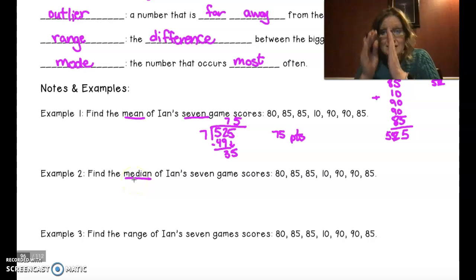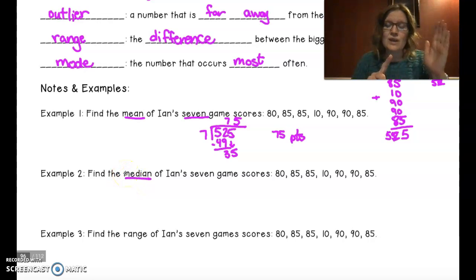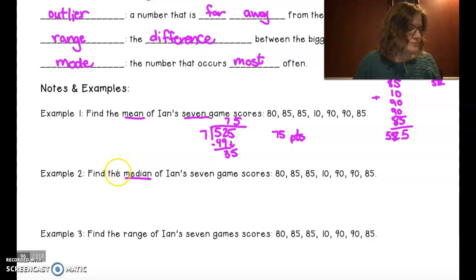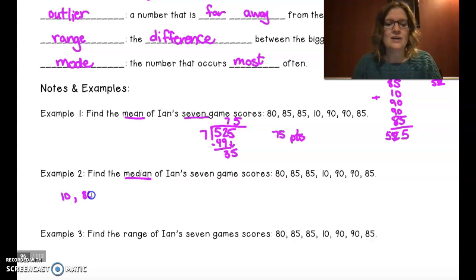Remember, the median is the middle number. So what we've got to do first is arrange the numbers from least to greatest and then find the middle number. So let's begin. Our first number is going to be 10. And our next looks like it's going to be 80.